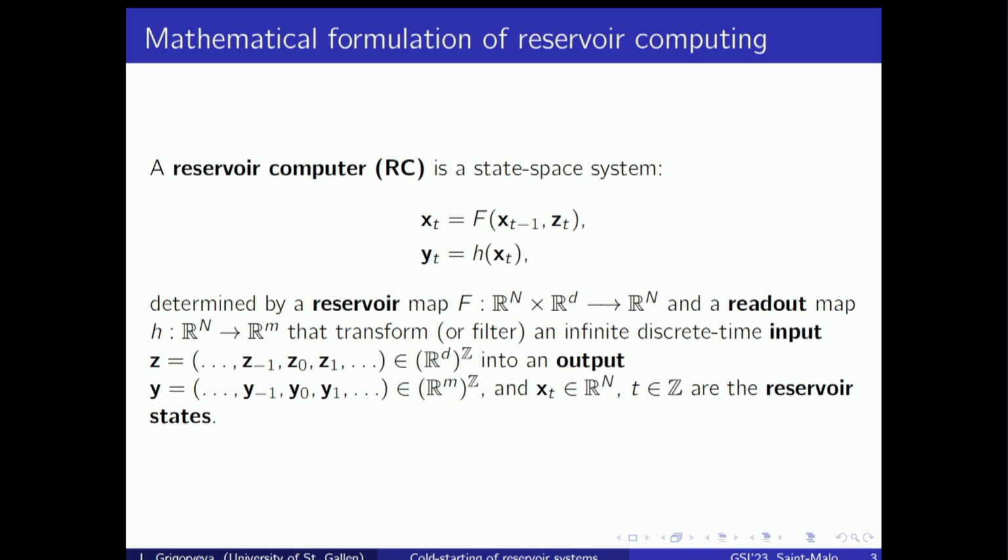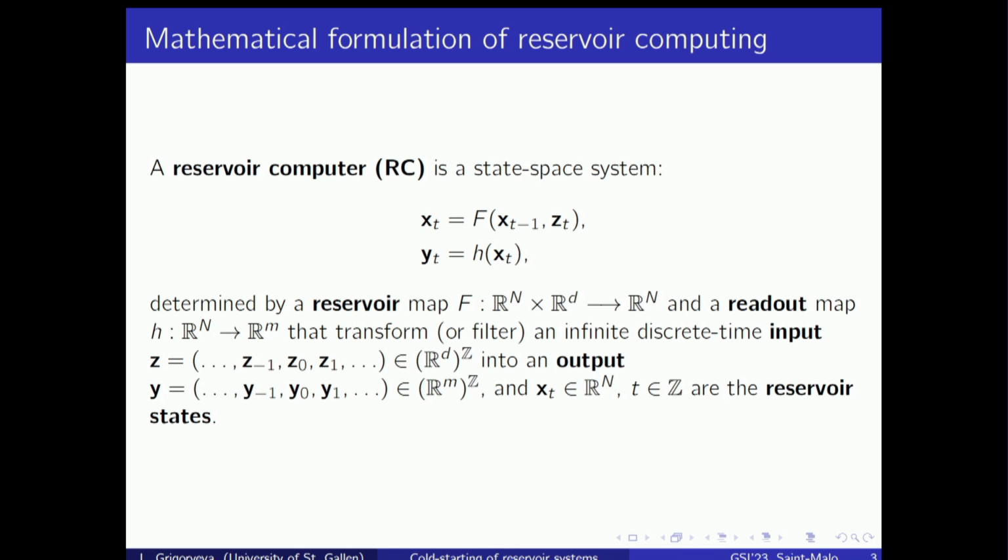Given elements of the input sequence z, we collect the states x whenever we define this kind of reservoir map or state map. Then we project those states using the readout map, as we call it, this H, into the target elements of our sequence.